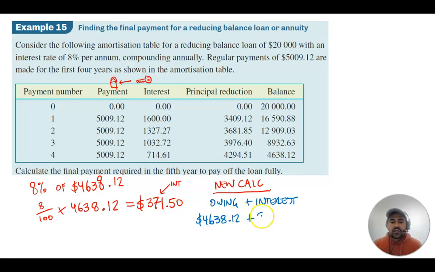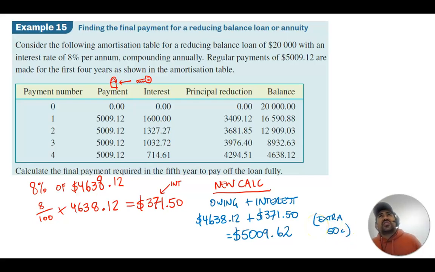And then the interest, what we just worked out, $371.50, will yield us a total amount of $5,009, which is eerily similar to what the payment is, and 62 cents. So there's this additional or extra 50 cents that will be needed to pay off this loan.